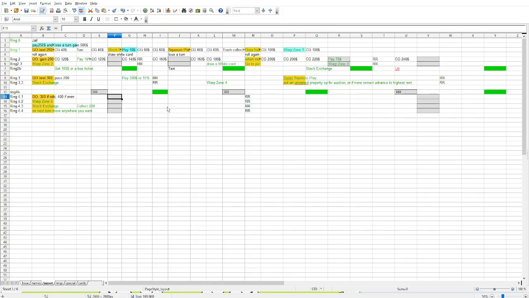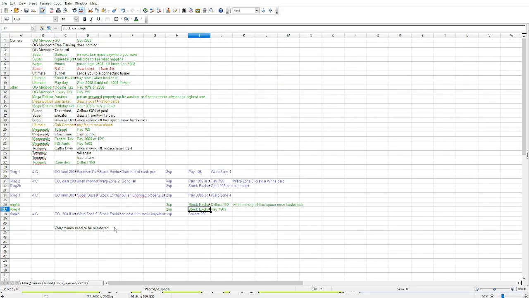Wait, hold it. I need to mark all of the places that have stock exchanges. Ah, screw it. It's not going to be that close. I can change this stuff later. This isn't actually finalized. This is just me moving a step closer to a final version.